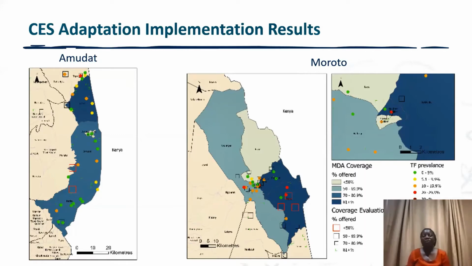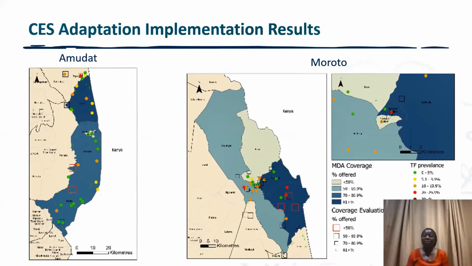When we come to Moroto, in the middle, we can see a large proportion of Moroto district had MDA coverage of less than 70%. And from this map, we can also see that a number of the target villages reported coverage of less than 50% from the coverage evaluation survey.